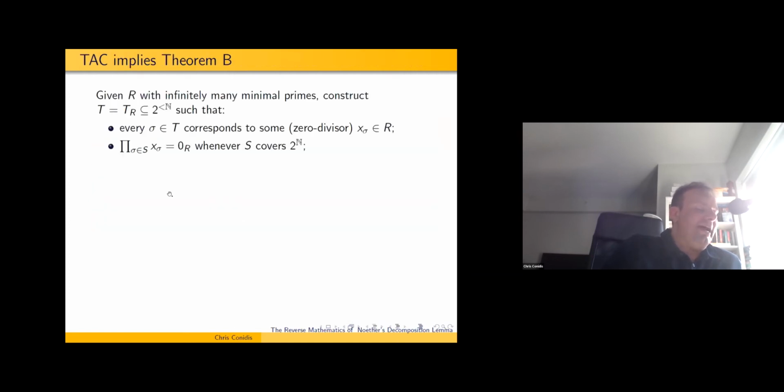And because we have that uniformly coprime hypothesis, we end up getting that condition as well.